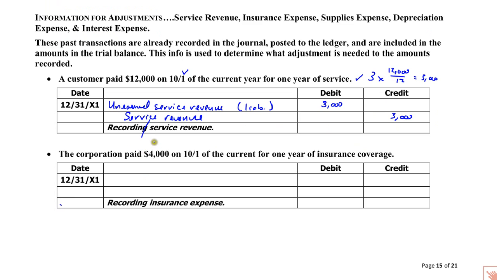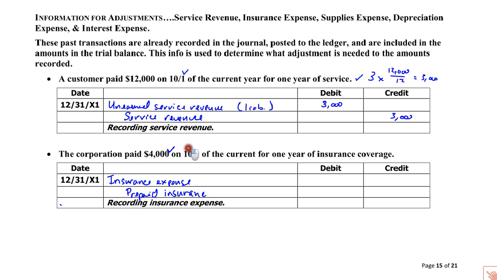Here's insurance expense. And we know insurance expense is a debit. So once again, I'm not looking at the amount here. We're going to reduce the asset prepaid insurance.